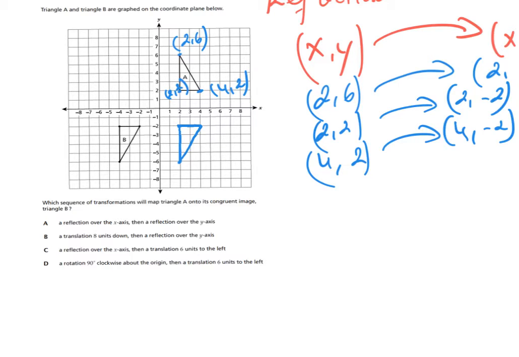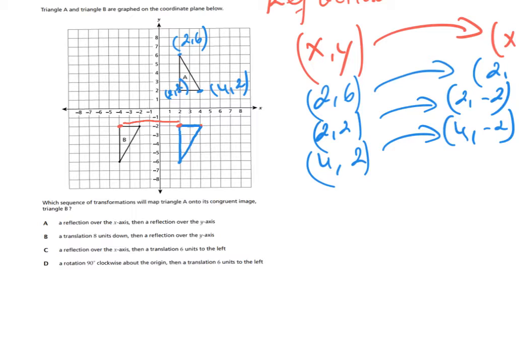If I translate this triangle 6 units to the left, for example, I get this one. From this point here, if I move to the left by 6 units, I will get here.